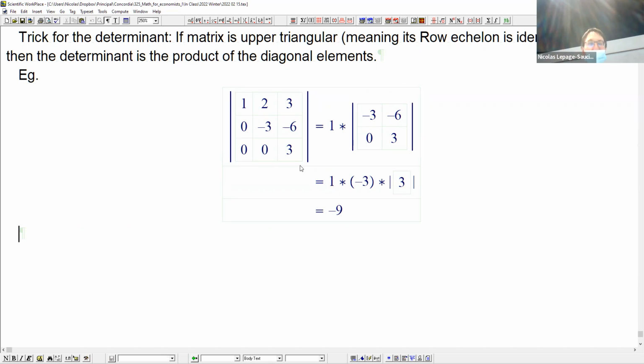Okay, so that's row echelon. Now I have heard somebody, I'm not going to name, in the room who talked about reduced row echelon forms. So let's just say a few words about this.